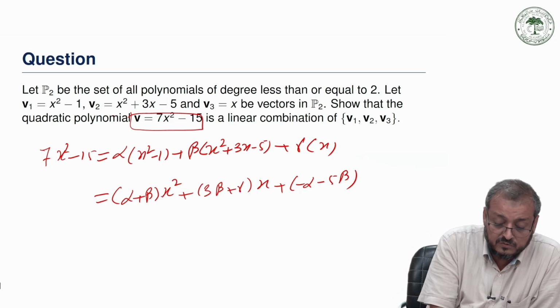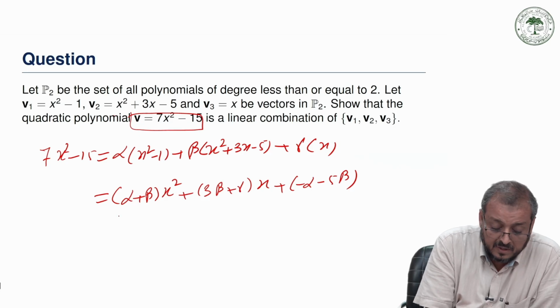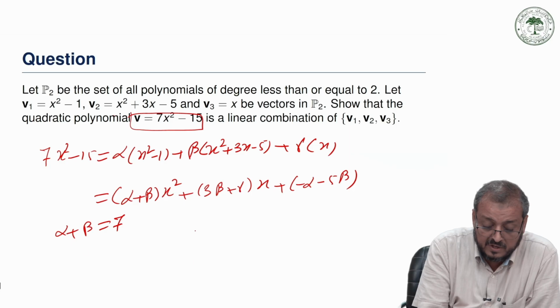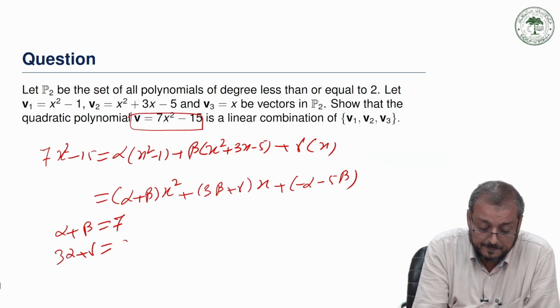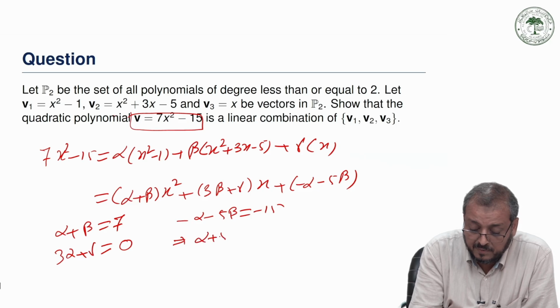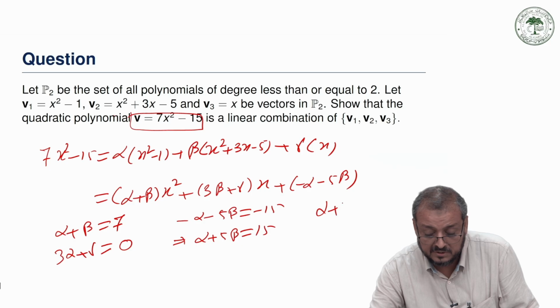Now equating the coefficients of the powers of x, we have alpha plus beta equal to 7, 3 beta plus gamma equal to 0, and minus alpha minus 5 beta equal to minus 15, which can be written as alpha plus 5 beta equal to 15.